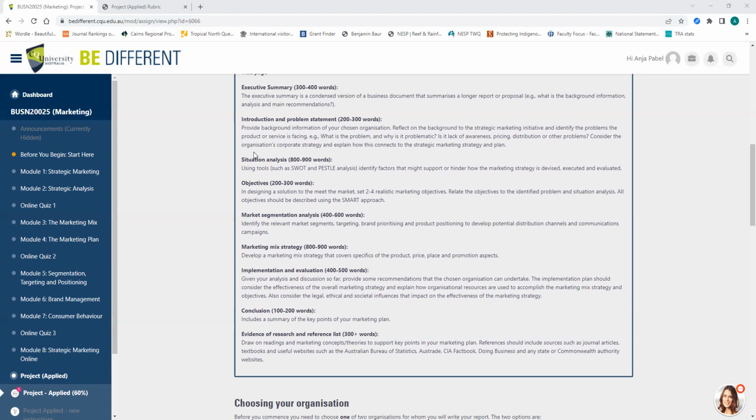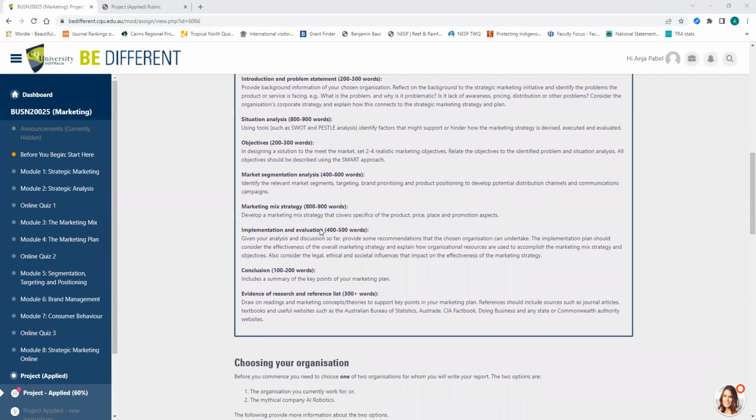And those objectives may include things like acquiring new customers, maybe driving positive word of mouth recommendations, strengthening brand awareness, or even encouraging purchase behavior. So that essentially depends on what the problem is you have identified and the situation analysis.